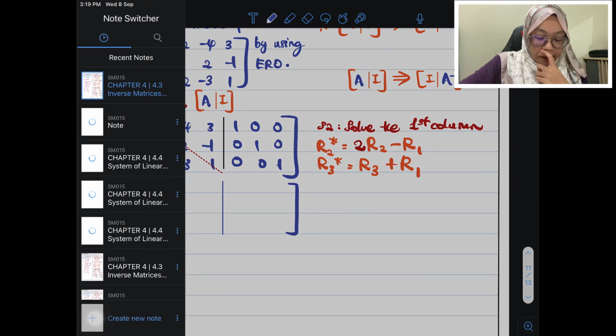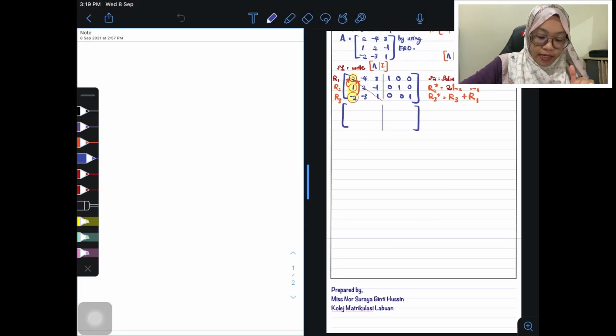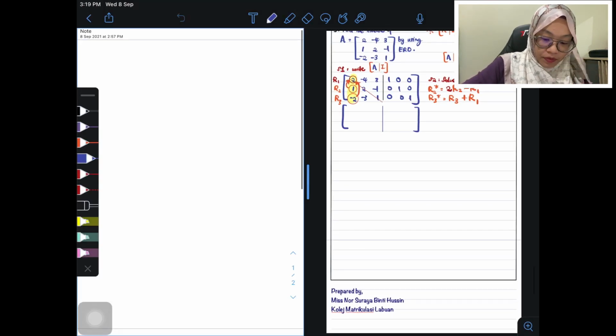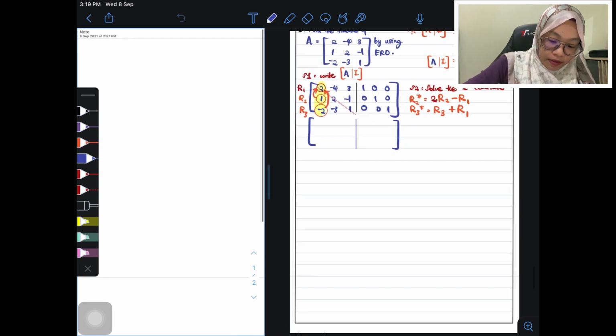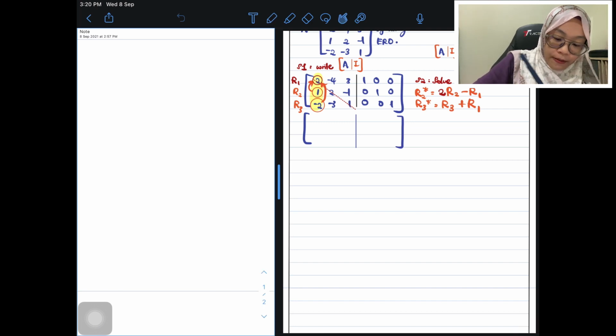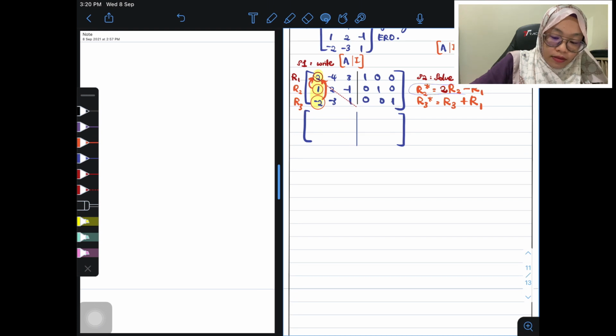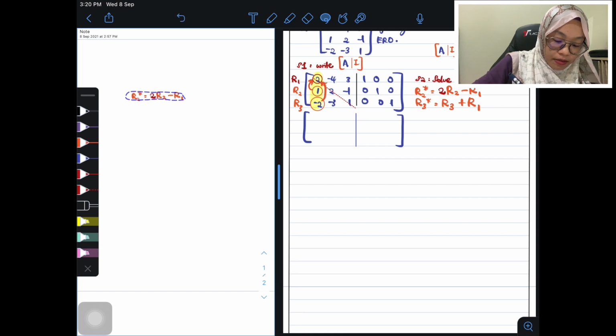Okay, let me show you how do I do it slowly. Okay, let me show you slowly, sebab saya tak nak nanti kamu rasa saya ajar terlalu laju. Jadi I will want to show you how do I get the second row, you know, the new second row. Copy paste. Okay, I'll show you here.